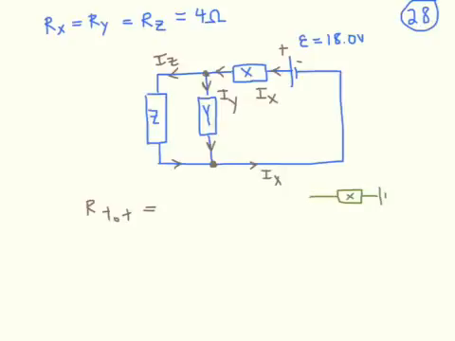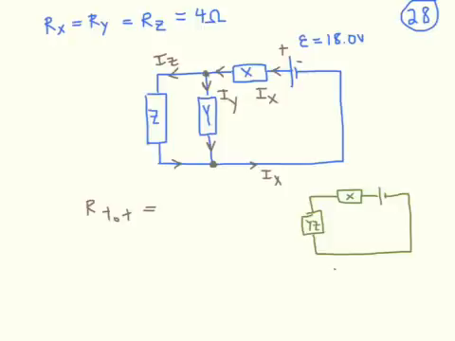After charges go through X, they go through this parallel circuit, which I've left blank. There's a branch through Z and a branch through Y. But instead of drawing the two branches, I'm just going to draw a single resistor that I'll call YZ.